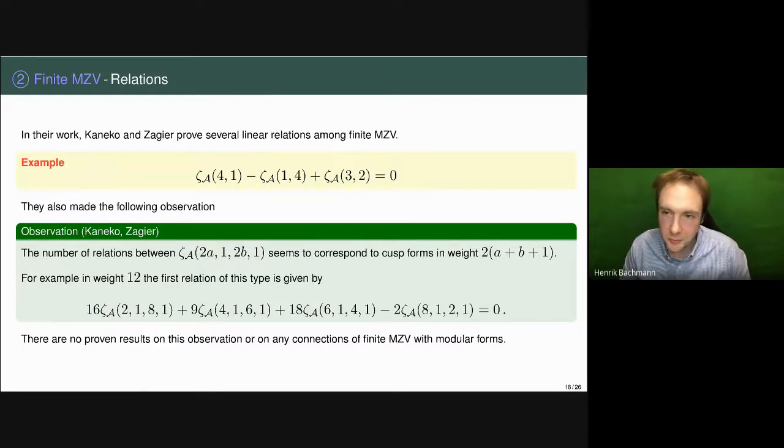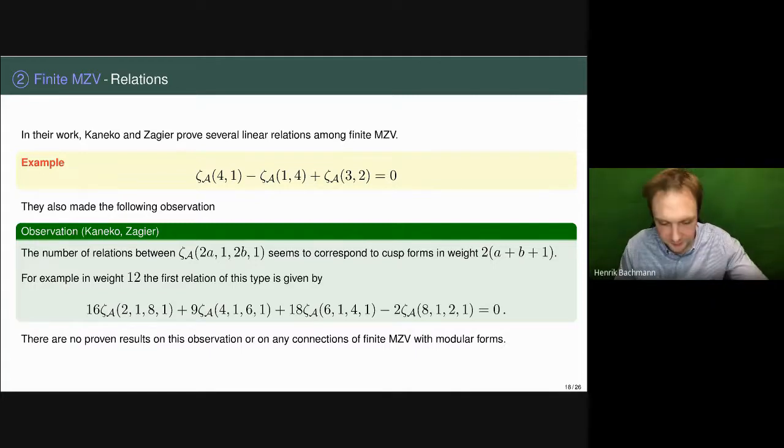And then if you do more calculations, you see, as was observed by Kaneko and Zagier, that the number of relations you obtain coincides with the dimension of cusp forms. So there also seems to be a strange connection of cusp forms and these finite multiple zeta values. But as far as I know, there are actually no results in this direction.